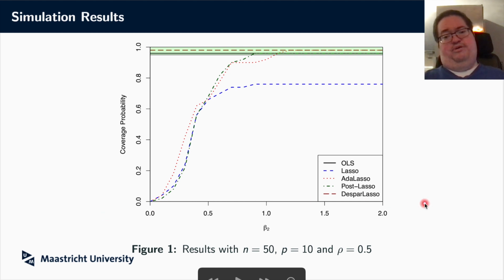Now let's see how the Desparsified Lasso corrects that problem completely. It does a really good job. Even if beta is actually 0 or very close to 0, you don't have any problems with our method. You see that it does not depend here on the value of beta.